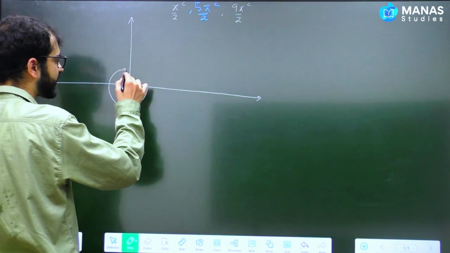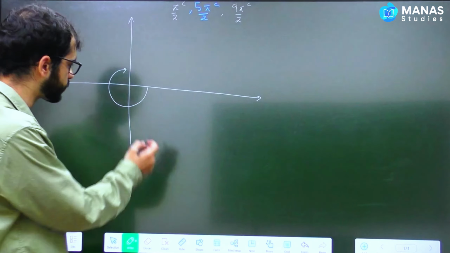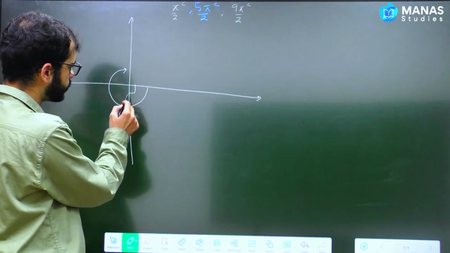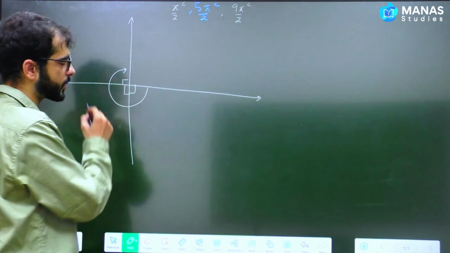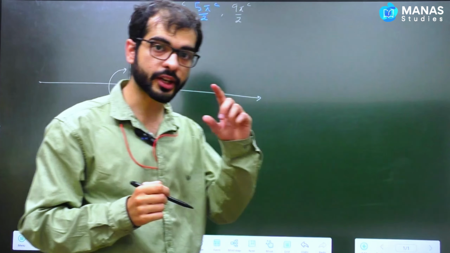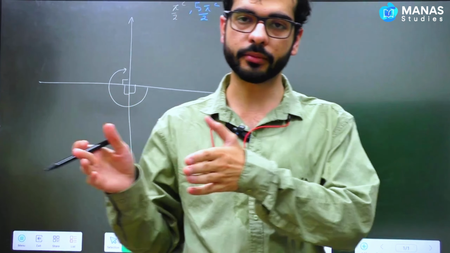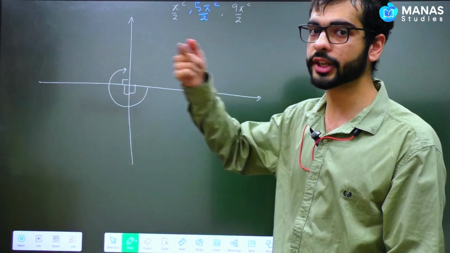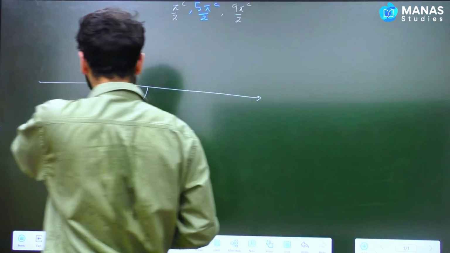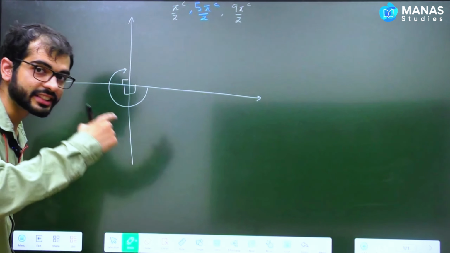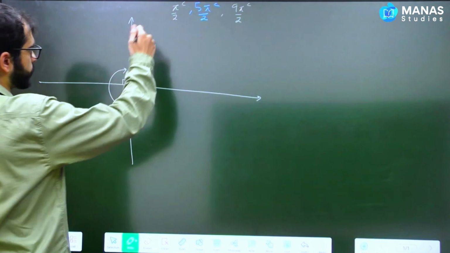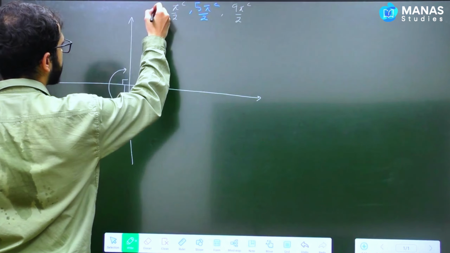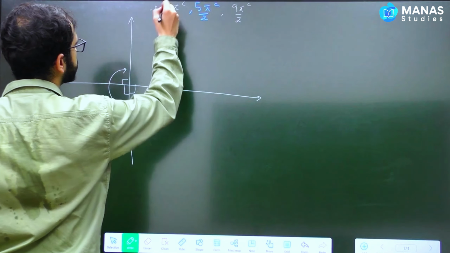So the measure of the angle is going to be pi by 2 plus pi by 2 plus pi by 2. So it is going to be pi by 2 added 3 times. So if any number is added 3 times, it is a multiple of 3. So it's going to be 3 pi by 2. So now I can call this angle as 3 pi by 2. But because the direction is negative, I'm going to say it is minus 3 pi by 2 radians.